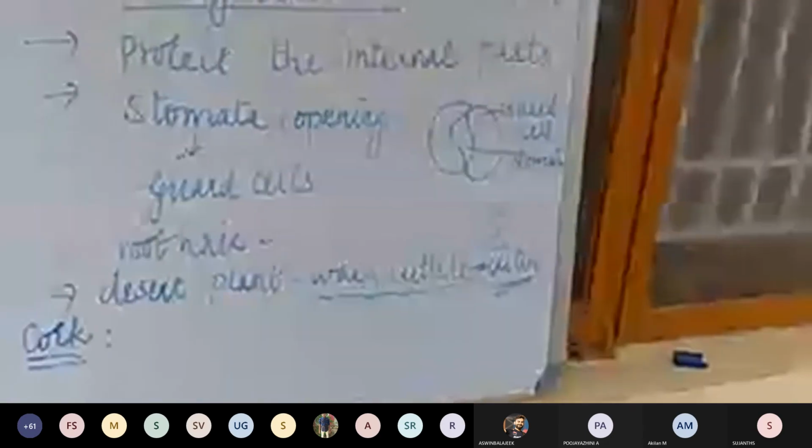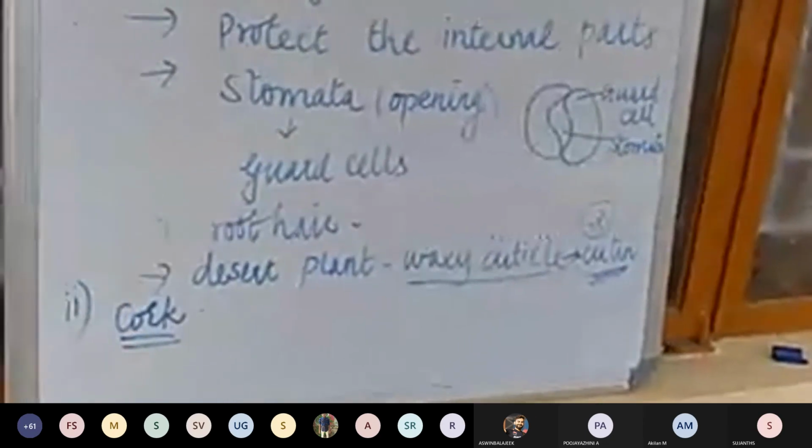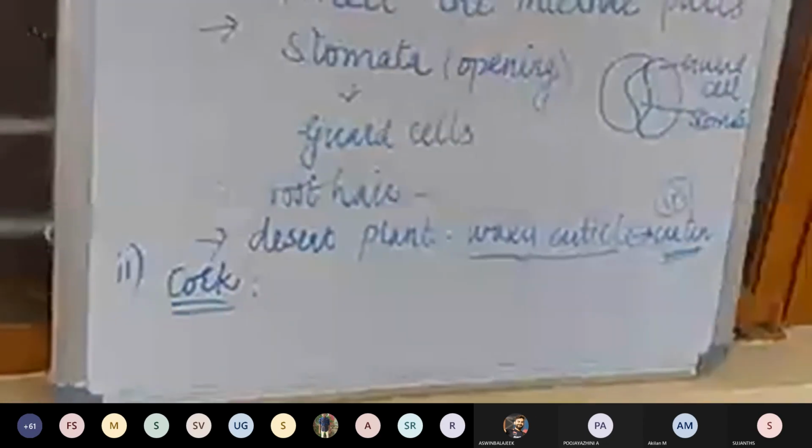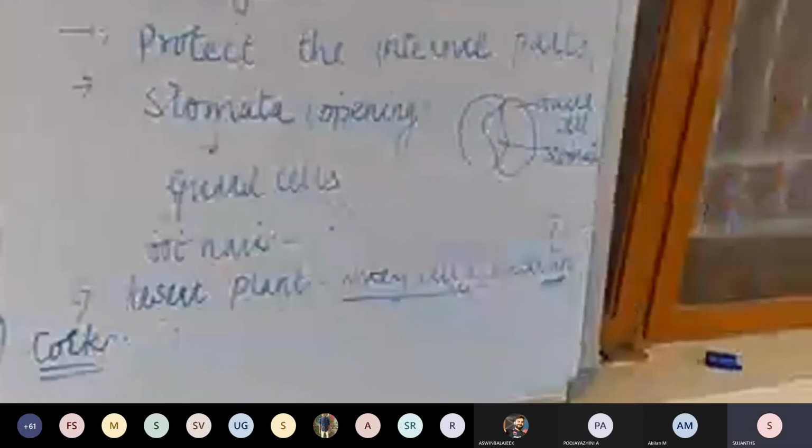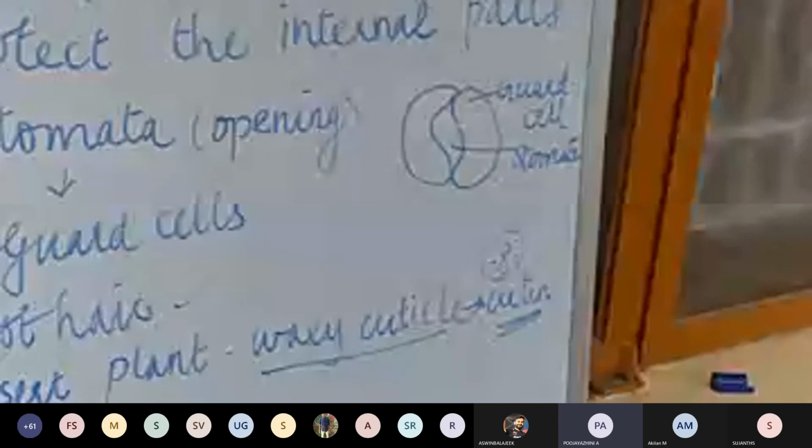What is the nature of this cork cell? They are dead cells.